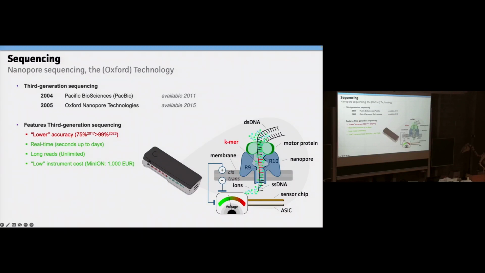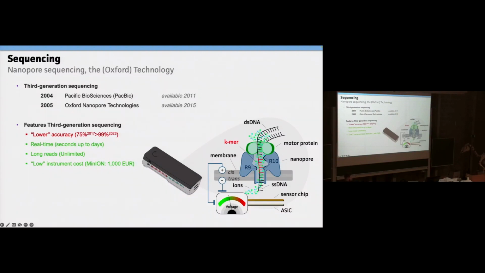So you also need this one to do the sequencing. The nice thing is that, and they are indicated in green, I'm skipping the red one, it's in real time. We have long reads, so the read length is unlimited. And this little guy here, for many people, €1,000 will be a lot of money, but in science, it's not that much money to actually start sequencing with only €1,000.